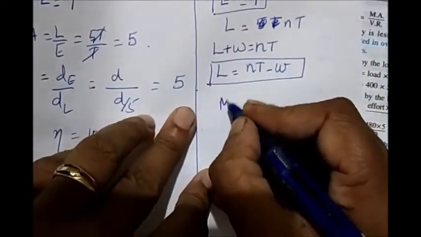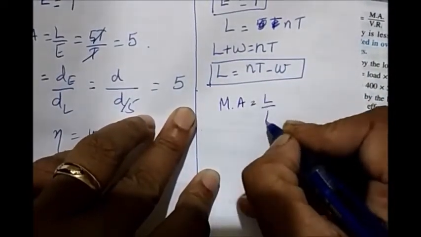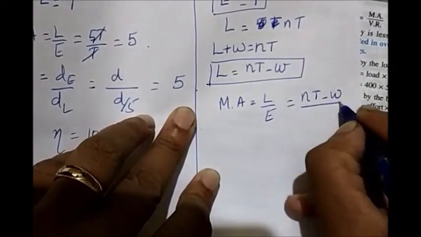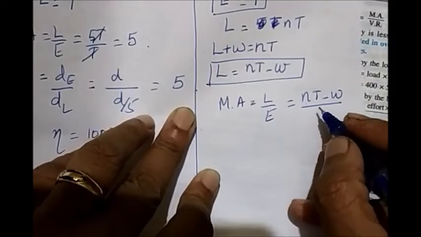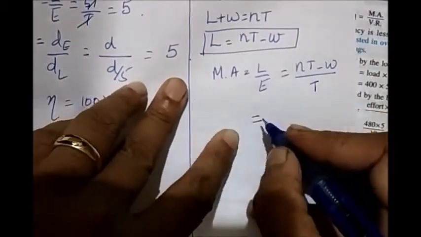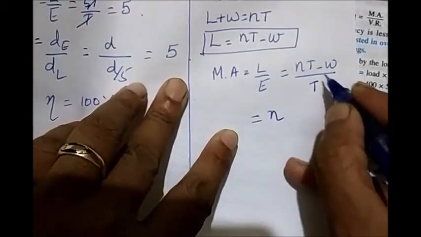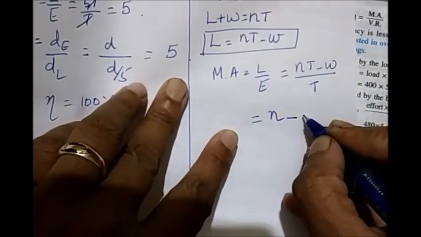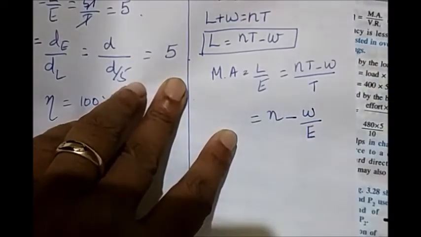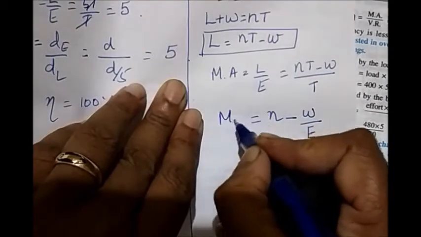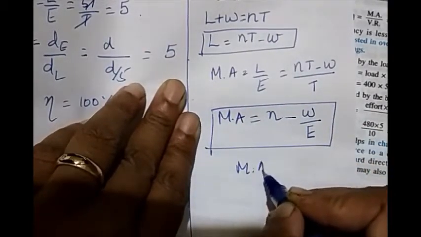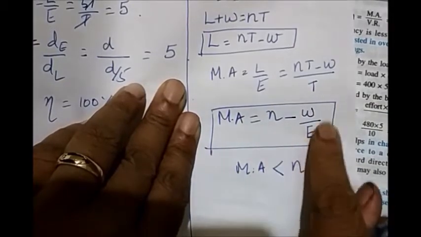So MA will be load upon effort, that is NT minus W upon T. So this will be N minus W by T. I can write E also, right? So the conclusion is MA will be less than N, meaning N minus something.